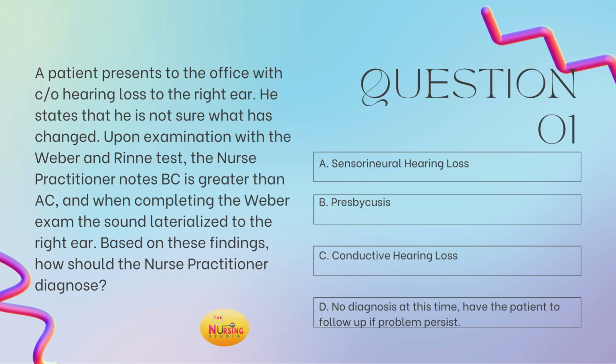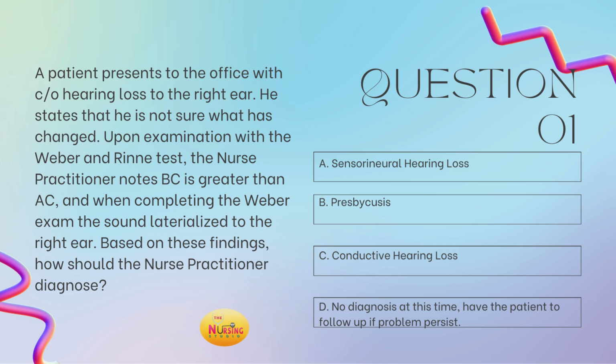If the sound lateralizes to the affected ear, it is conductive hearing loss, right? Something is blocking that sound conduction, causing a conductive hearing loss. So either cerumen, something is in the ear, whatever, something is there blocking it.